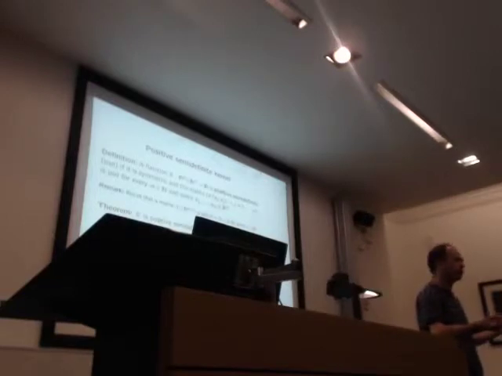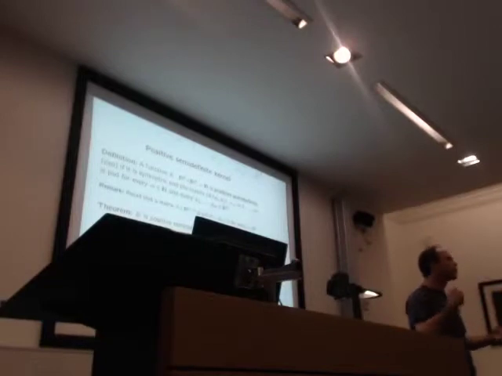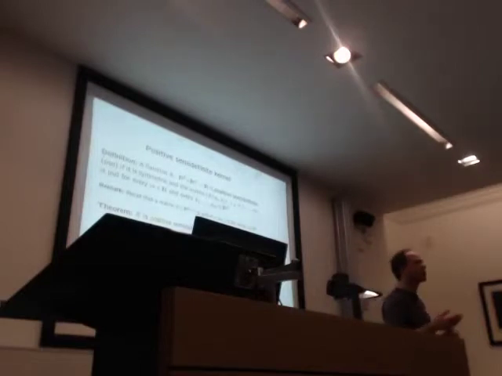If you have two kernels, the sum is a kernel, the product of these two kernels is a kernel, and the multiplication by a positive scalar is a kernel. Through these properties, you realize that, for example, the Gaussian kernel is a kernel, or the polynomial kernel is a kernel, etc.